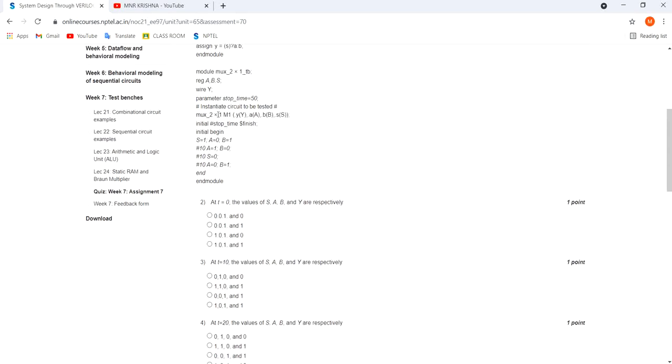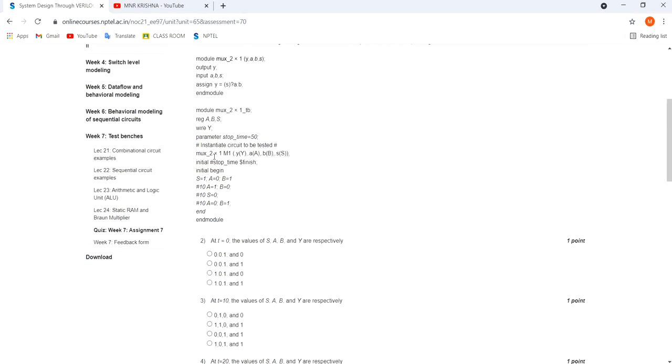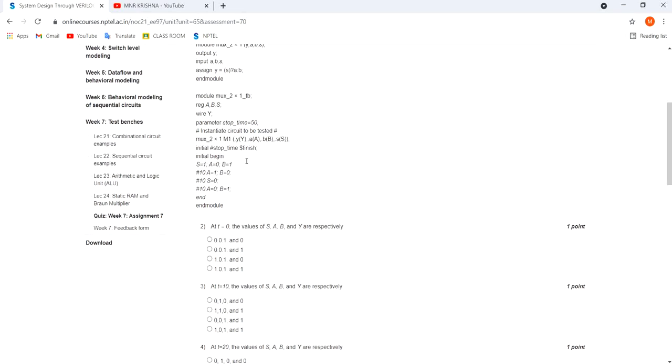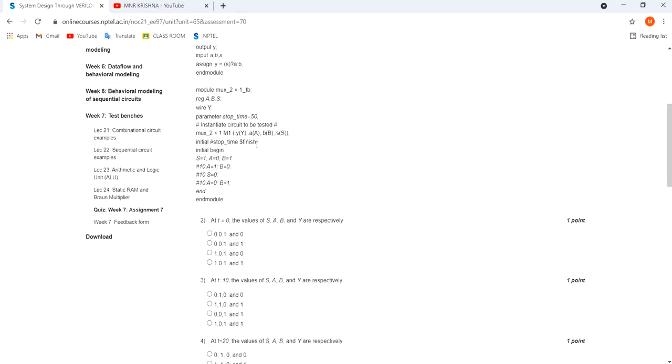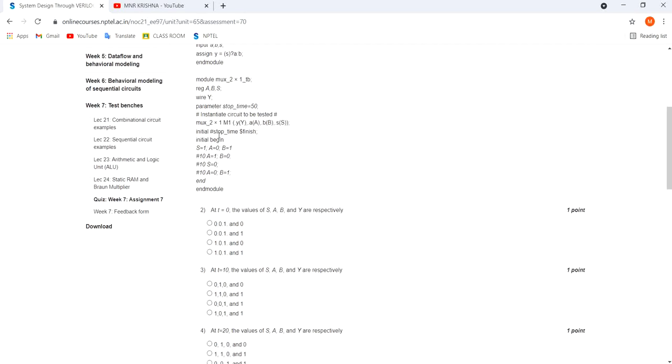In this, the parameter stop time is 50. Then instantiate the circuit to be tested. Here we have instantiated the 2x1 mux as M1, Y of Y, A of A. Then initial, stop time, finish. Then initial begin. Here initial begin means at time equal to 0, S is 1, A is equal to 0, B is equal to 1.